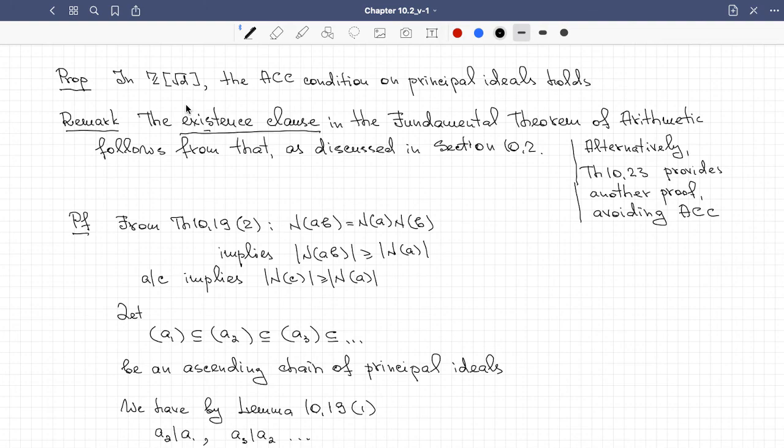So the rings are integral domains with ACC. Thus, we have existence.